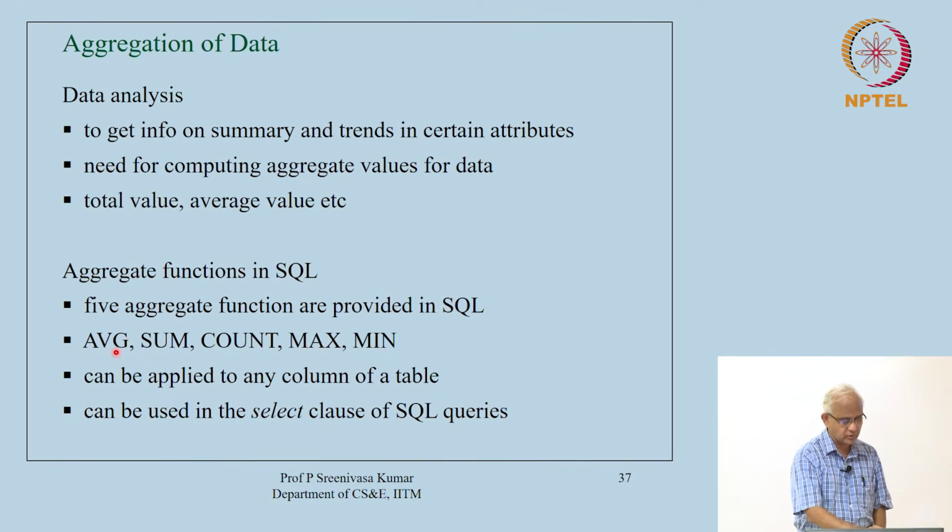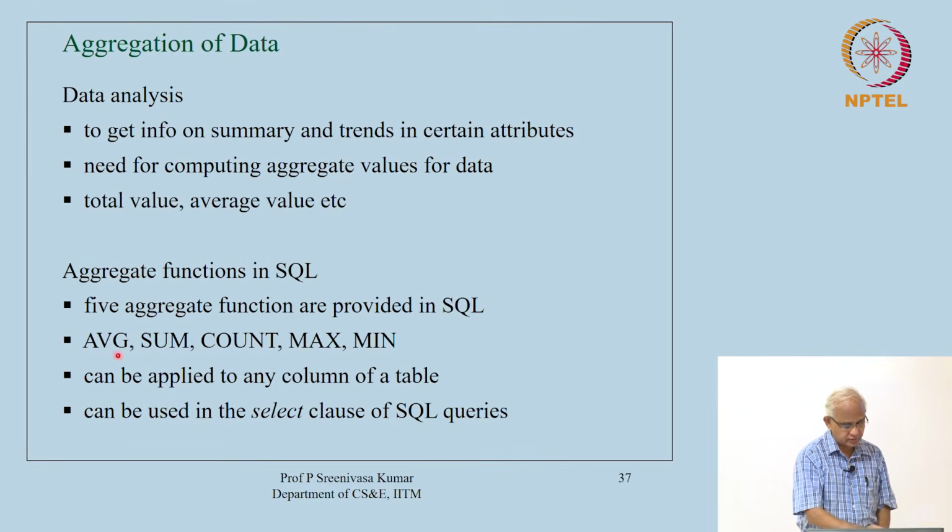So, this stands for, as you can guess, average, and then sum of values, and count of the number of items in a particular subquery or typically even an attribute, and then the maximum value and the minimum value. So, the max and min obviously can be applied to attributes for which they are applicable, right. So, numeric kind of attributes.